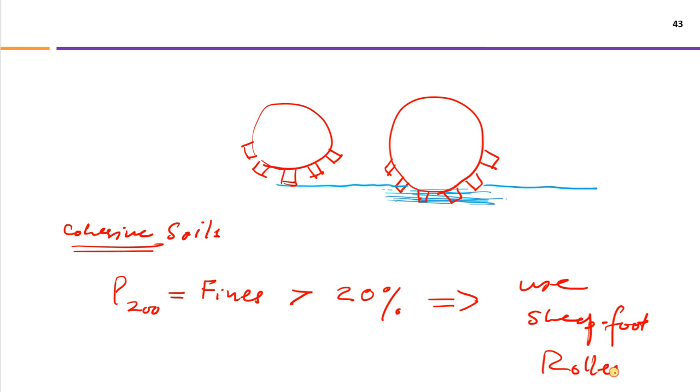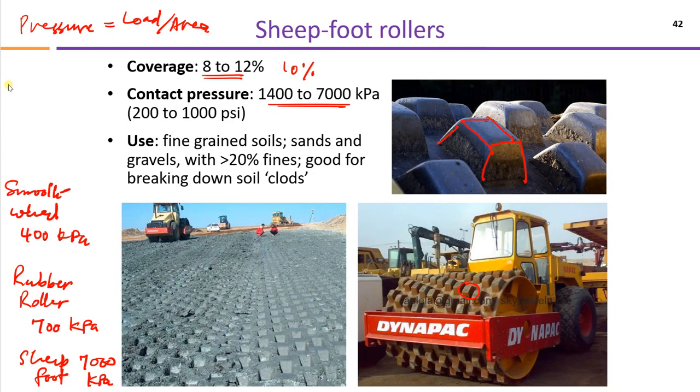This is a thumb rule. Mostly, if fines are 20% or more, then go for this roller. So fine grained soils, if they have fines more than 20%, we are going to use this sheep foot roller.